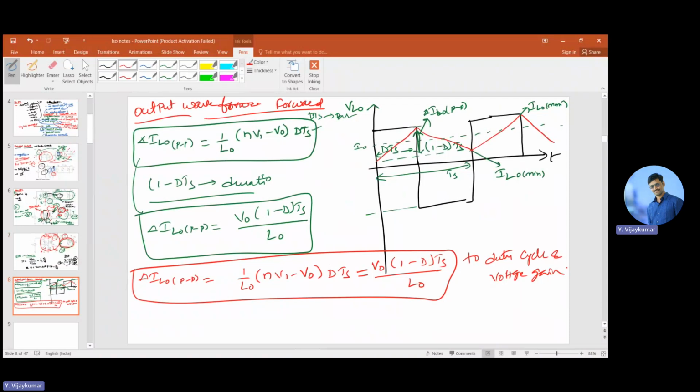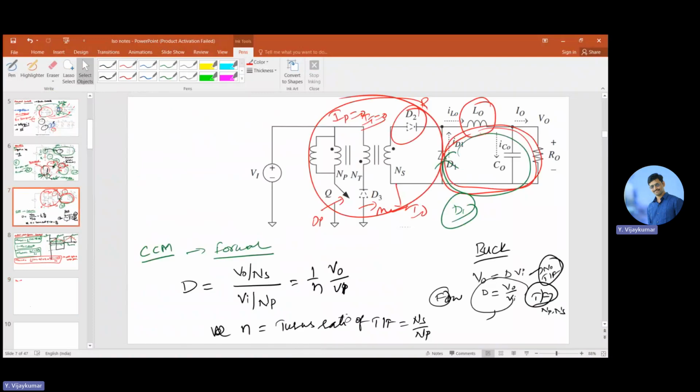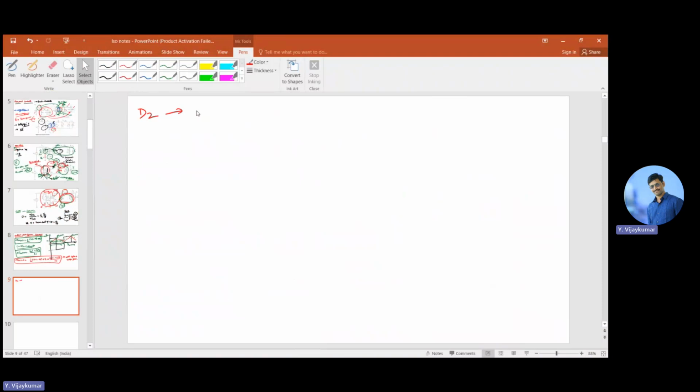So what is the secondary minimum current, and what is the secondary maximum current, over a cycle?